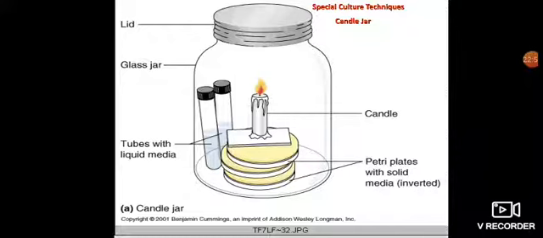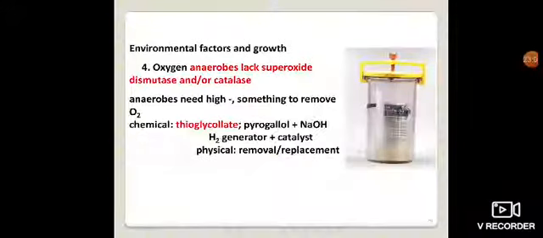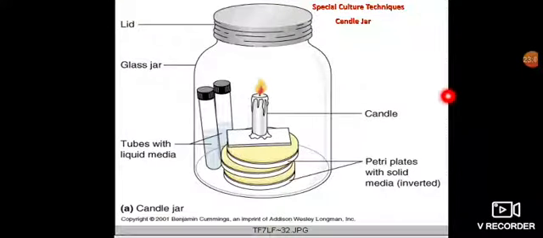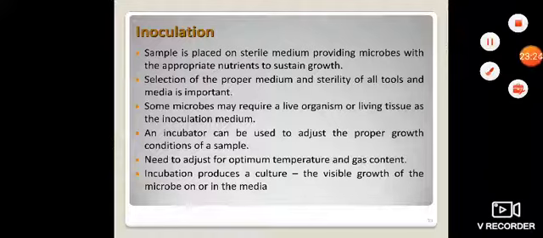Here we observe two diagrammatic representations. The first one is the anaerobic jar, also called the gas pack system, and the second one is the candle jar, or candle glass jar. Here we conclude that the microorganism can survive in an anaerobic situation. The next part we will discuss in the next lecture.